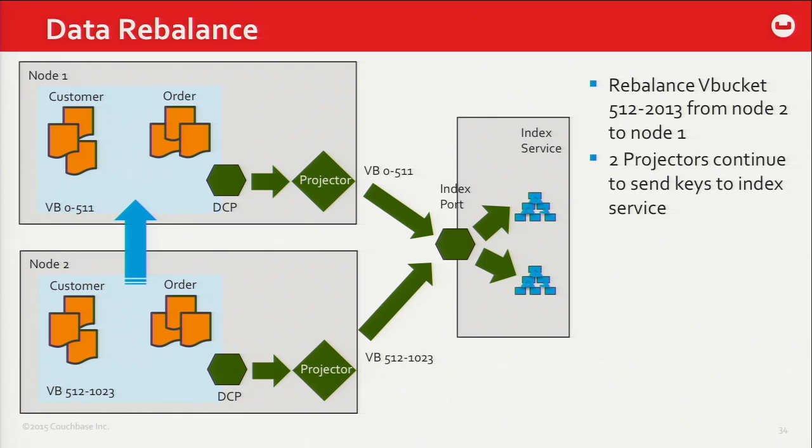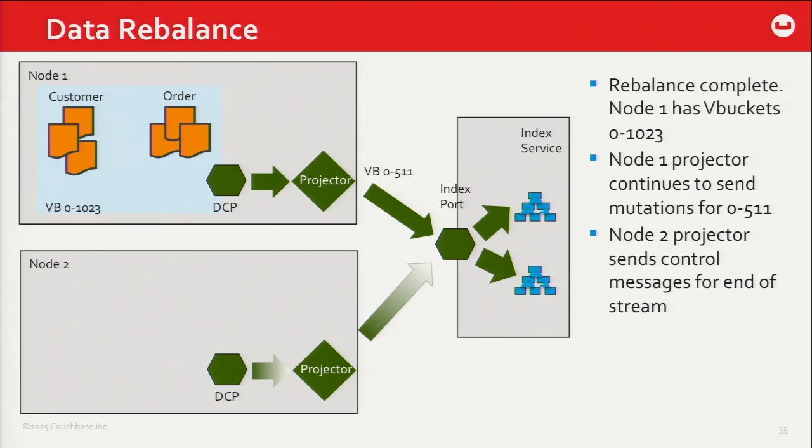But while that is going on, the index service will continue to receive keys from both projectors. Once the rebalancing is done, the projector will send a stream end to the index service, saying that there are no more keys coming from vBuckets 512 to 1023.